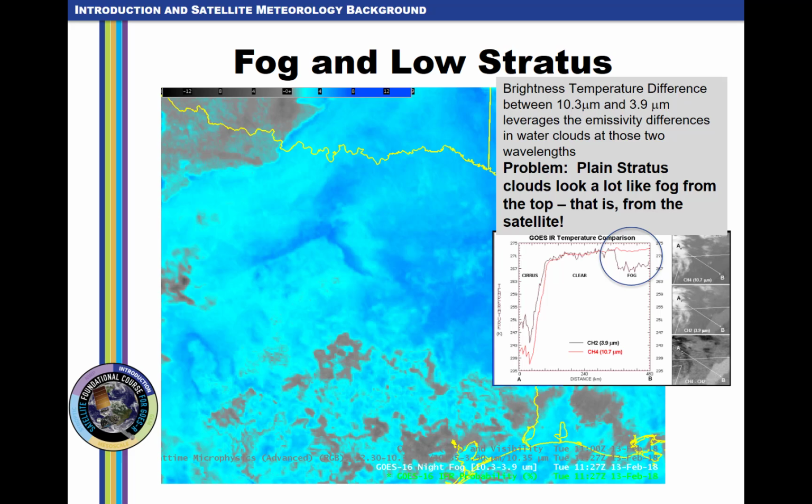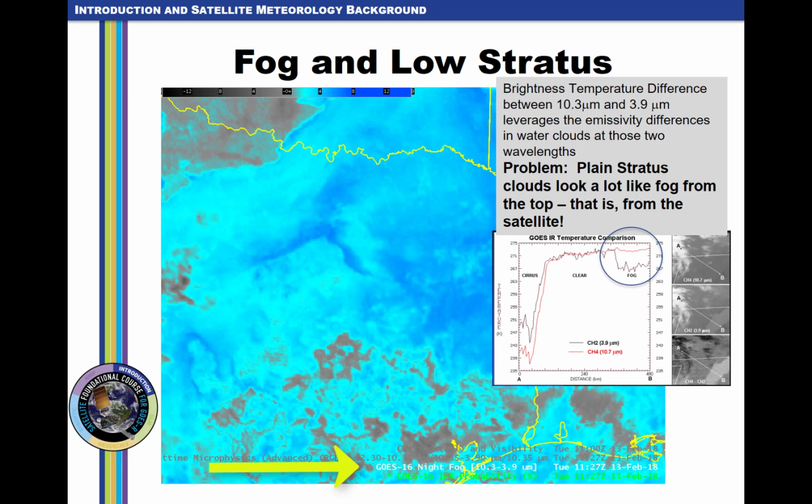In contrast, clouds made of water droplets are more nearly black-body emitters for wavelengths around 10 or 11 micrometers, so the computed brightness temperatures at those wavelengths are closer to reality. Taking the difference between the two values highlights clouds made up of water droplets, that is stratus.